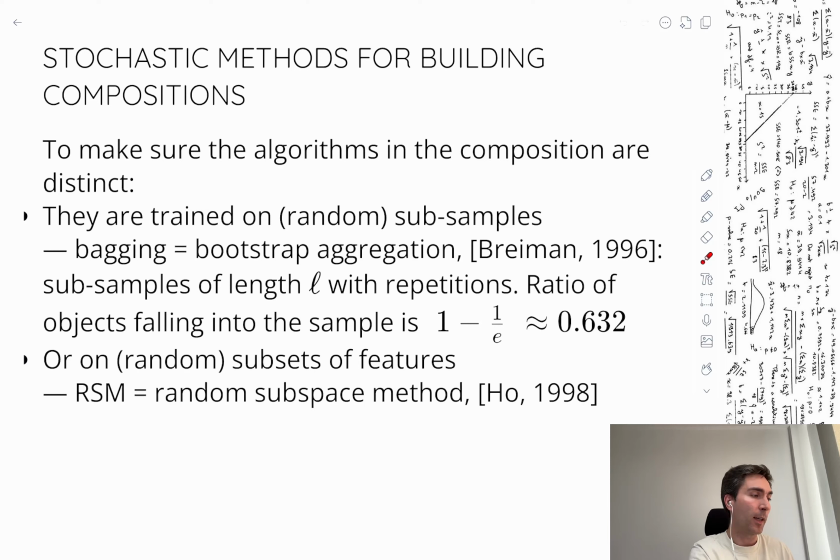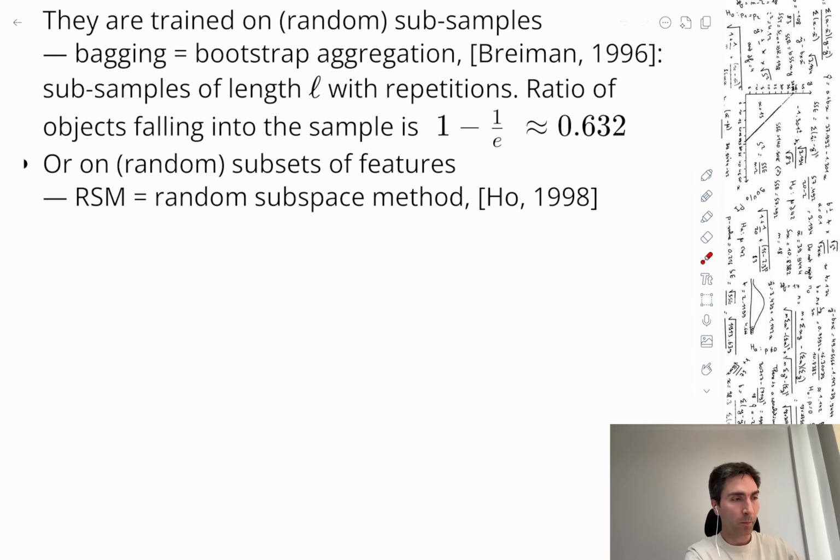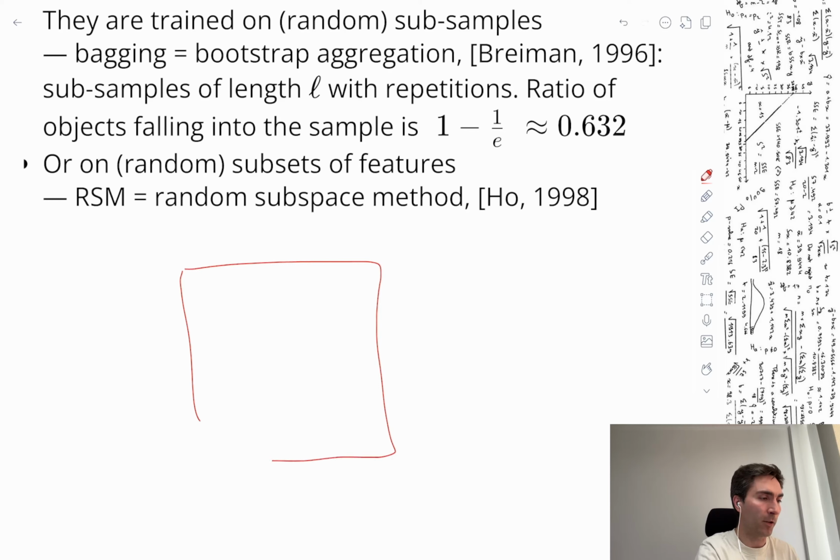Or vice versa, you can select random or some certain subsets of features. If you remember the general statement of a machine learning problem, then you always have the so-called object-feature matrix. These are x1, x2, and so on, xL objects, and the columns of this matrix are all the features.